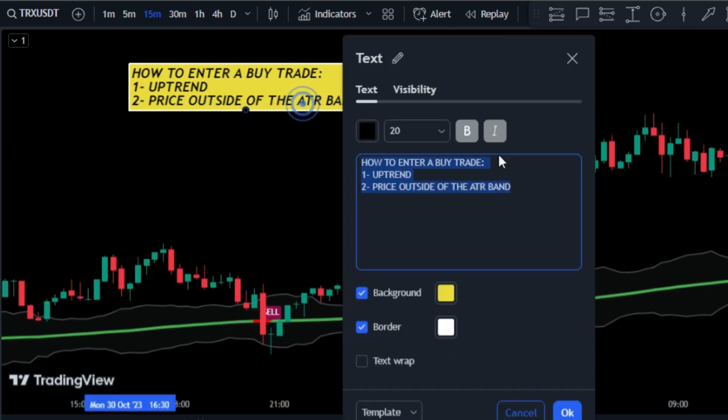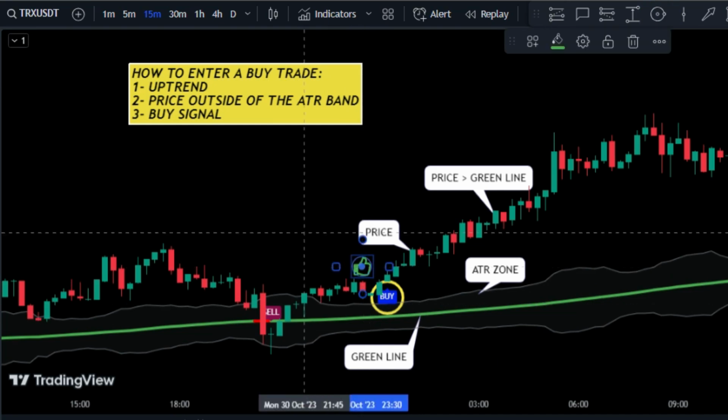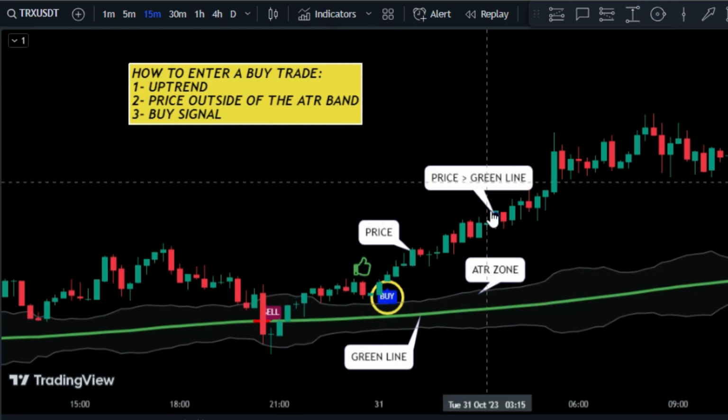Finally, we should wait for a buy signal to be issued. So, once all these conditions are met, we can open a buy trade.